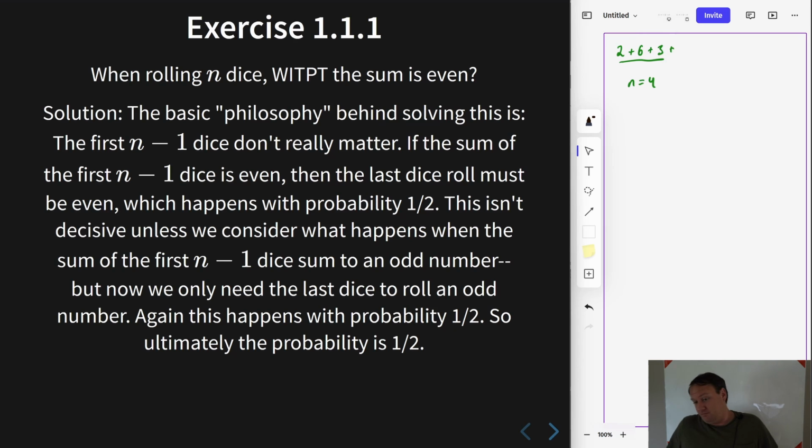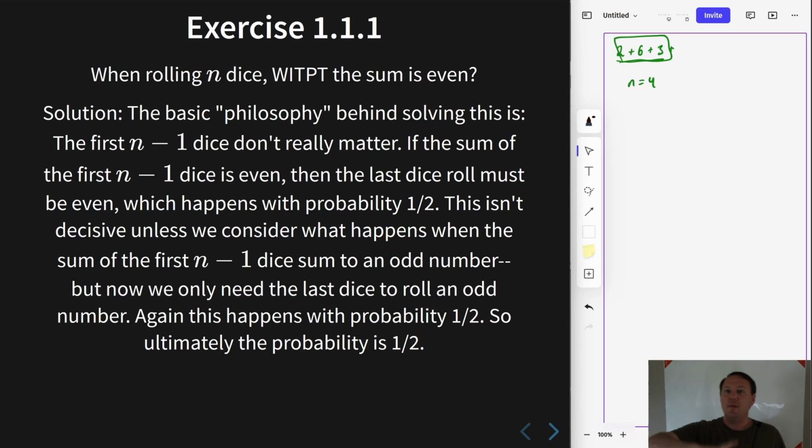Well, I have a 50-50 chance of making the overall sum even because I have a 50-50 chance of the next roll being odd. But that would be true really no matter what this was. If this came out to an even number instead of an odd number like I've shown here, the same analysis would apply. You would just need to get an even roll if that sum came out even.